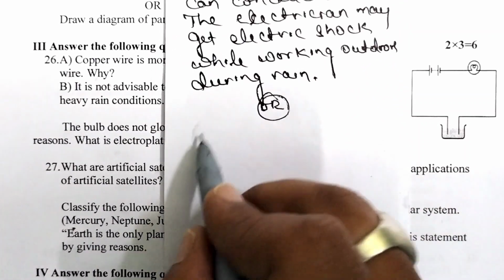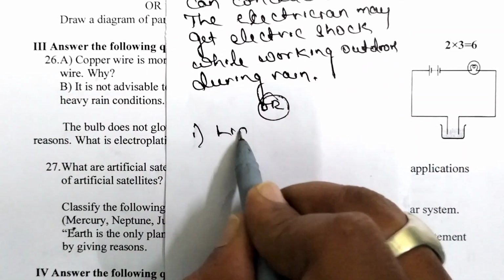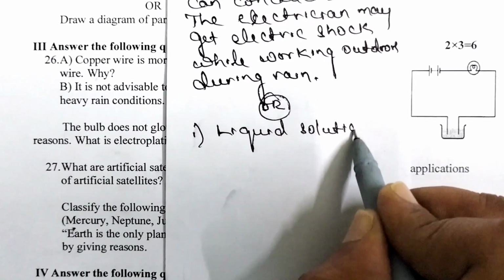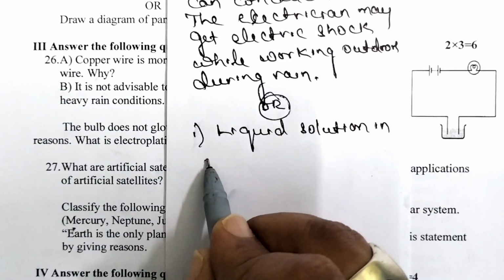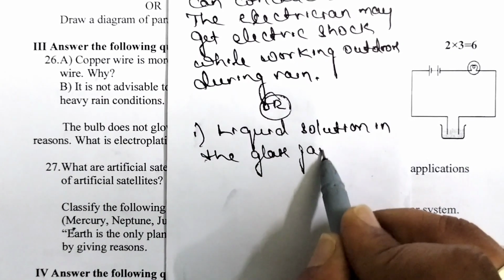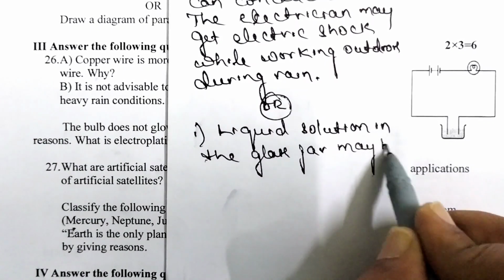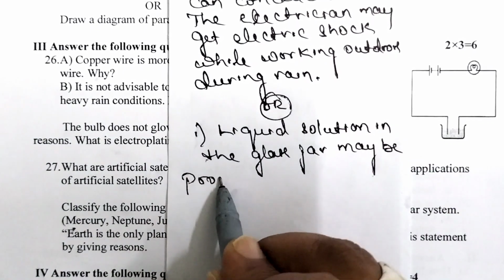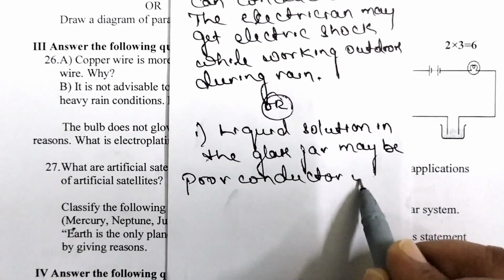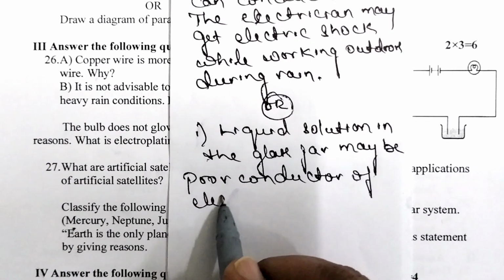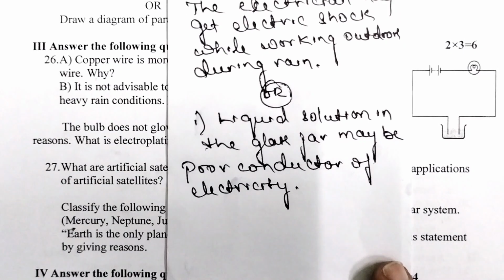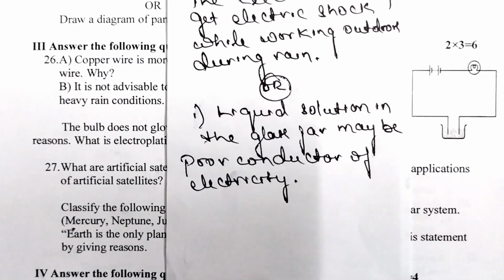So the first reason is the liquid solution in the glass jar may be poor conductor of electricity. What the electrolytes we are using, those electrolytes may not be good conductor of electricity.